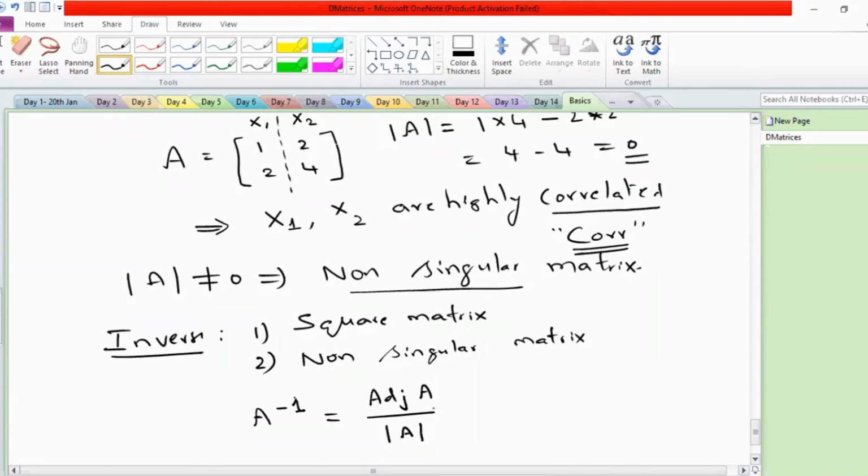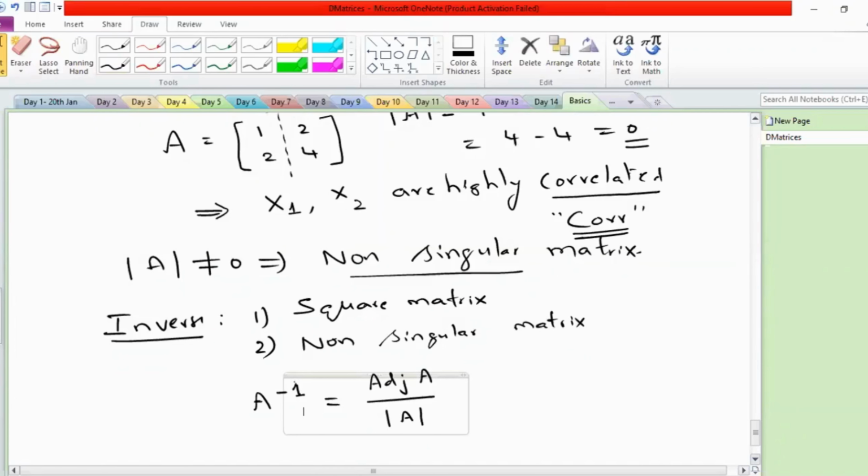So you need to make sure that your data, pulled from various databases for whatever analysis you want to do, is always a non-singular and square matrix. Finally, you have to come to that. This is how you will be working.